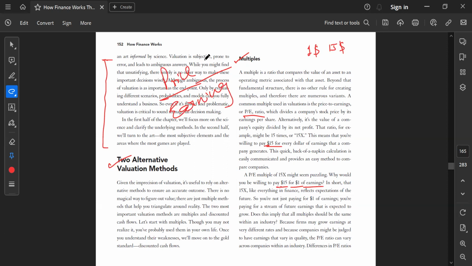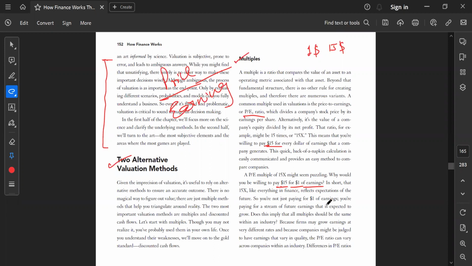It is a metric for shareholders to assess how much price they have to pay for the earning that one share makes. So in short, that 15x, like everything in finance, reflects expectation of the future.